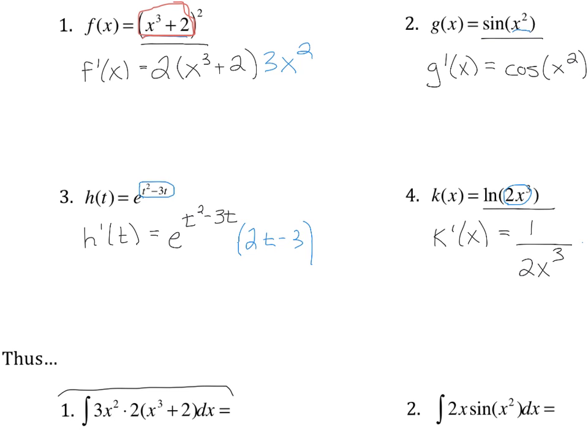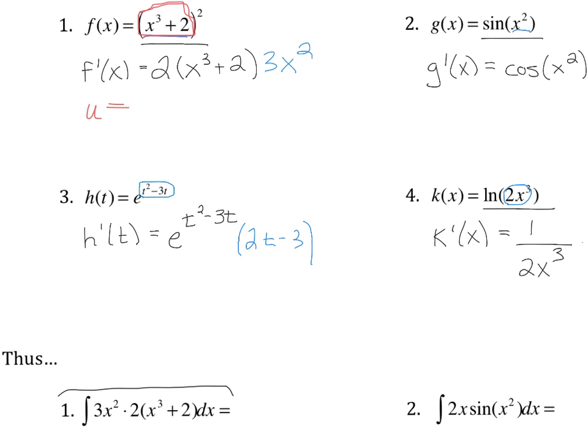We were squaring x cubed plus 2, right? And then we had to take the derivative of that thing inside. We had to take the derivative of x cubed plus 2 to complete the chain rule. All right, so for now, I'm just going to say that x cubed plus 2 is our little inside function, okay? And I'm going to give that little inside function a name. I'm going to call it u.